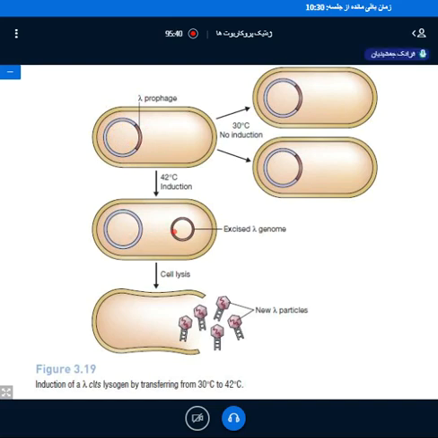So we have two ways of the phages lives. We have prophage, which is in the cycle of lysogeny, and we have lytic here, which lyses the bacteria. Look here, this is prophage. I told you it doesn't lyse the bacteria.